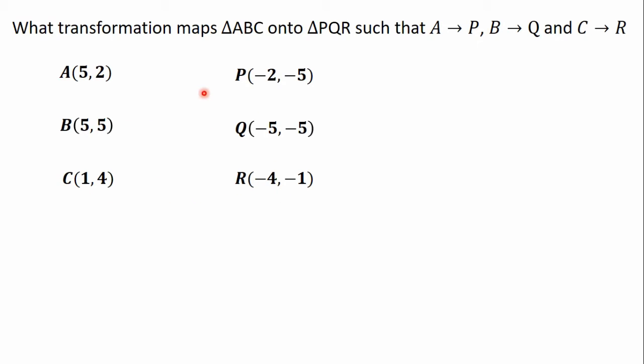As I've already said, in order to get this transformation, we will first have to know the rule of the transformation. Because the transformation will have just one rule, you will see that the rule that transforms point A to point P will be the same as the rule that transforms point B to point Q, and the same as the rule that transforms point C to point R. So all we need to do is find a rule for one of these points and it will be the same for the remaining ones.